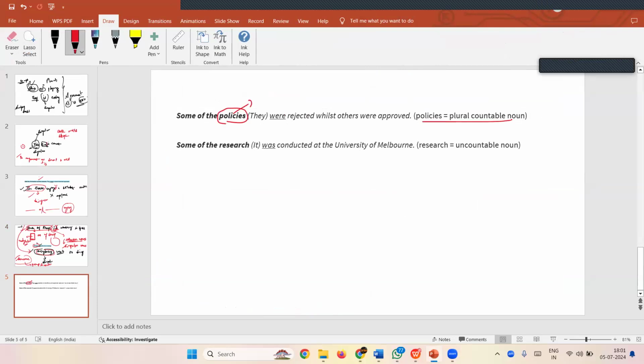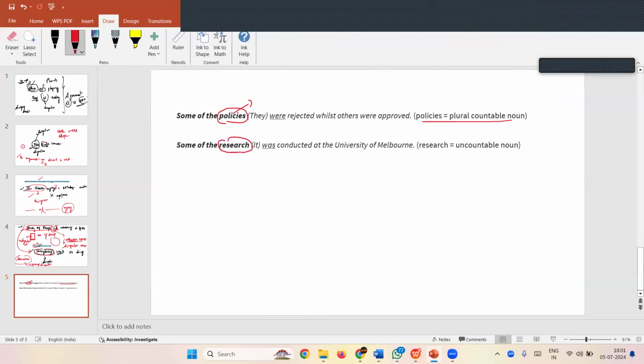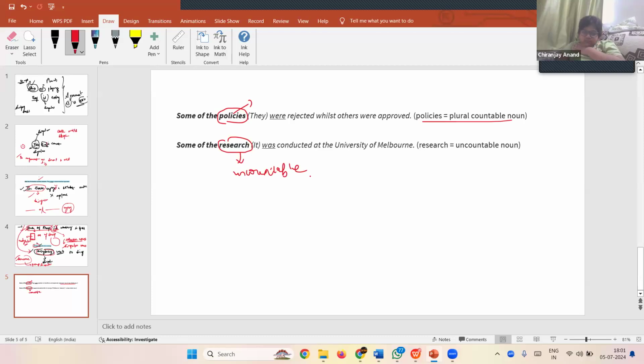These policies are countable nouns. But in the second one, some of the research was conducted at the University of Melbourne. Research is a noun, but it is an uncountable noun, right? Yes, ma'am.